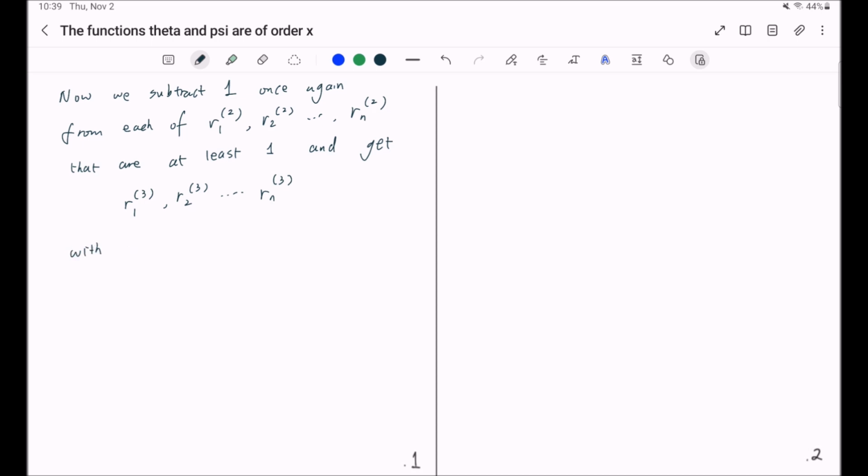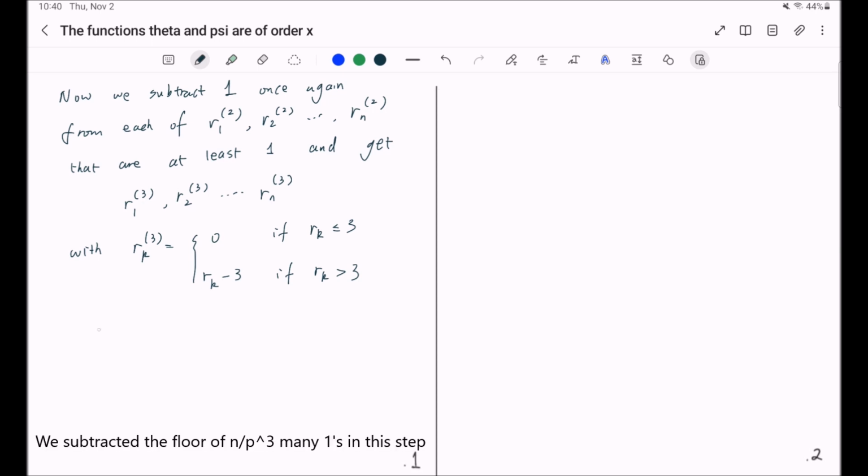With Rk3 equal to 0 or Rk minus 3, depending on whether Rk is less than or equal to 3 or not. And this algorithm will go on and will terminate in finite steps.